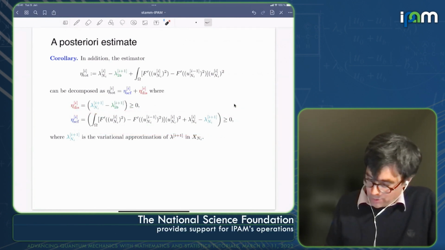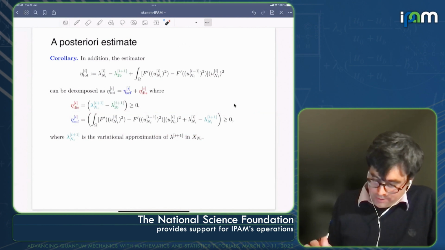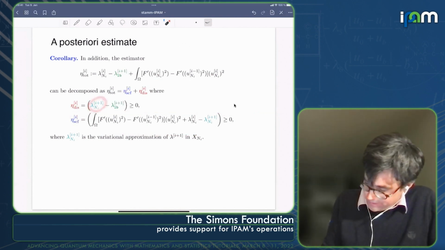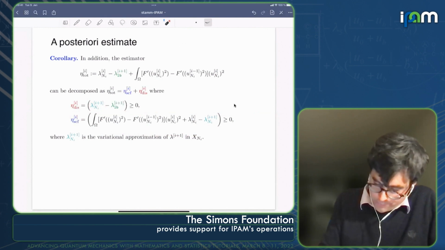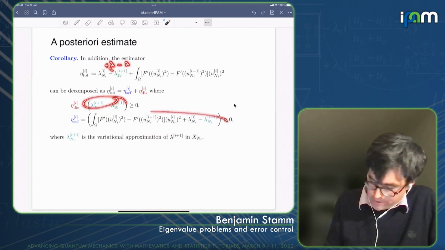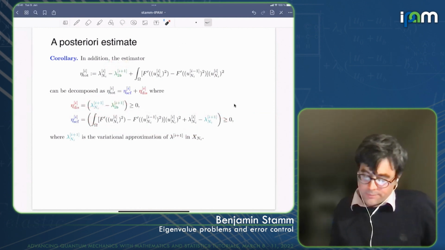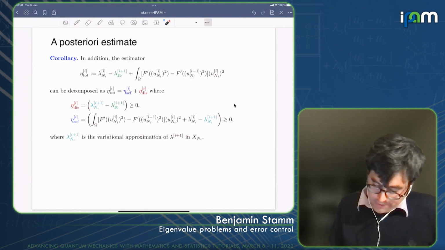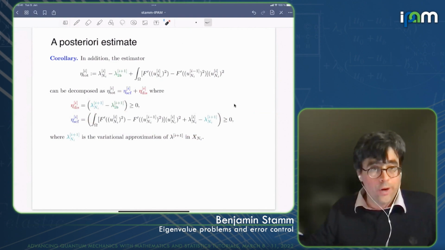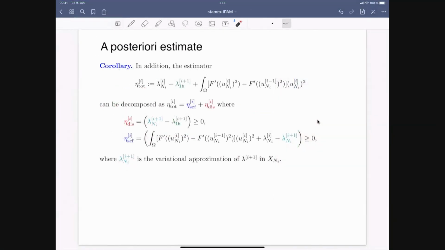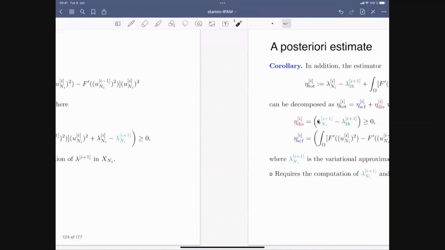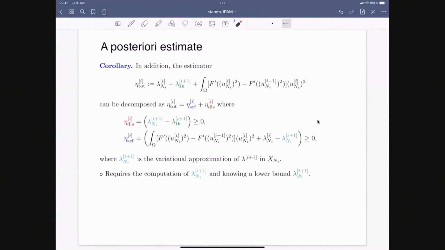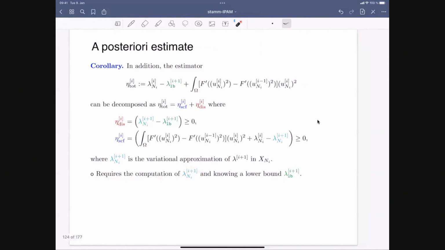What we have new is this light blue contribution, where we add here and subtract here in order to have this separation in the two estimators. And this is actually the next eigenvalue you have in your SCF while maintaining the approximation space. So this requires this further computation and knowing this lower bound.